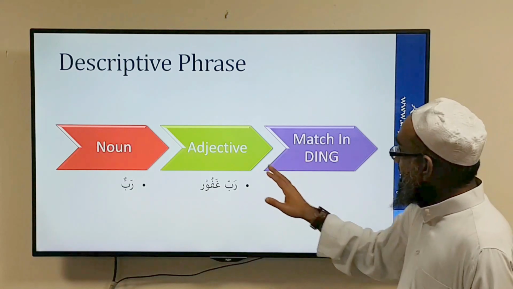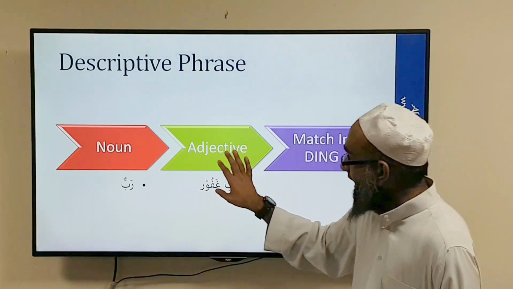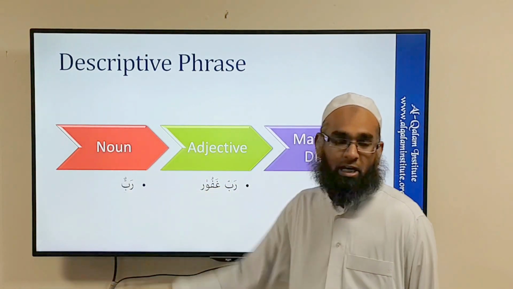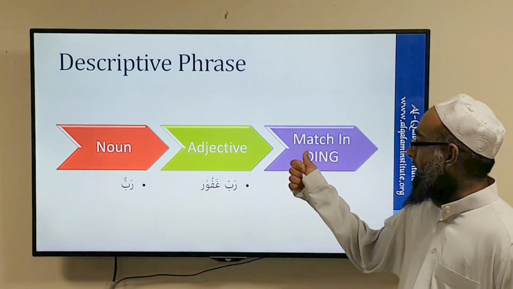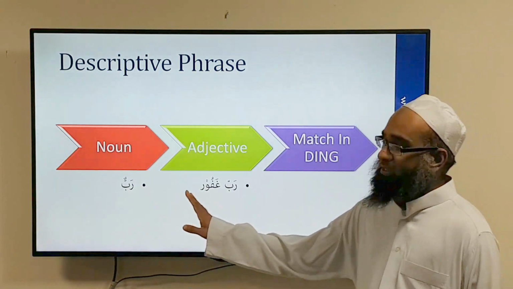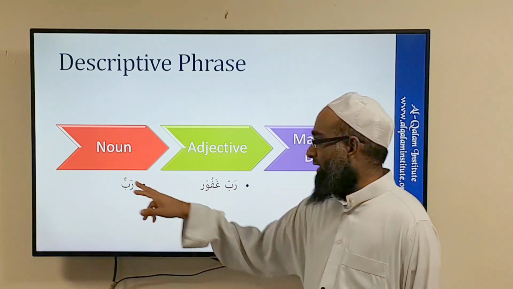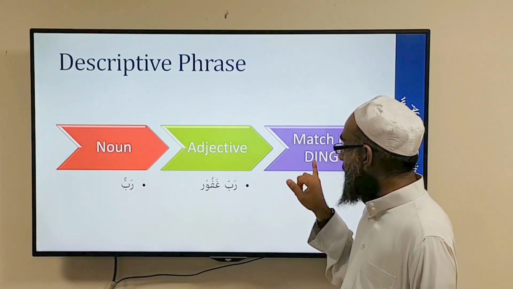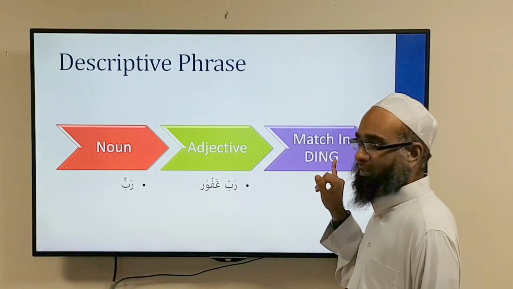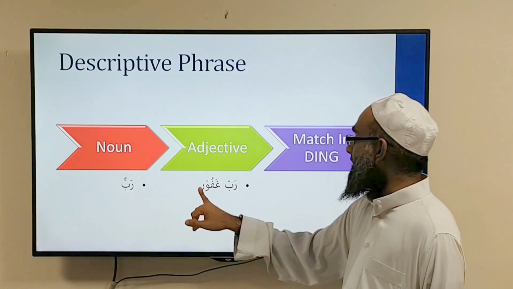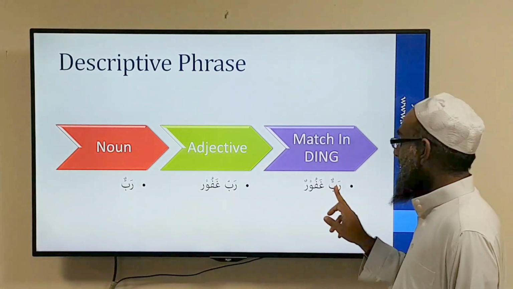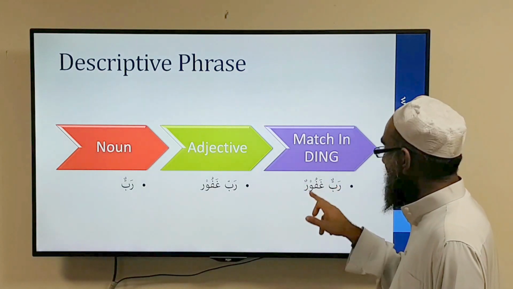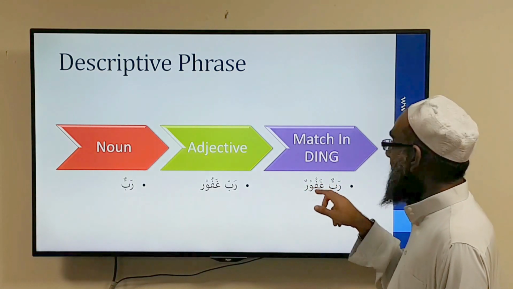So the adjective must change to match the noun in gender, number, i'rab, and definite, indefinite. So for example, a forgiving Lord. You have Rabbun. So that is what? Indefinite, marfu, wahid, mudhakkar. So you have to say Ghafoorun as well. Same thing. It must be indefinite, it must be marfu, must be wahid, must be mudhakkar.